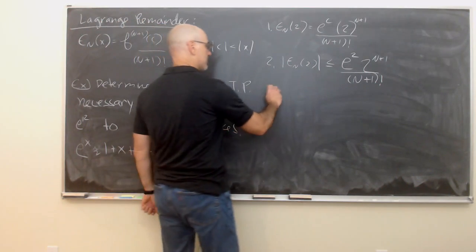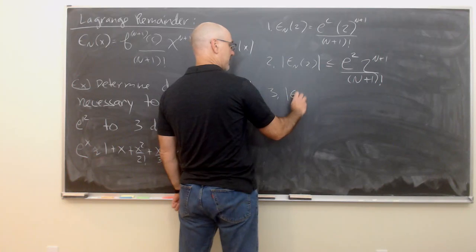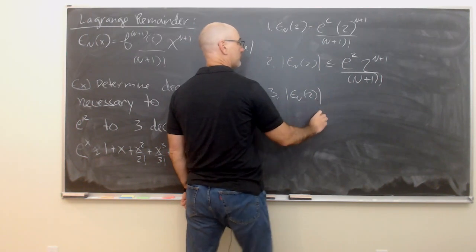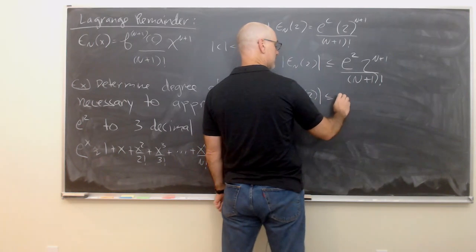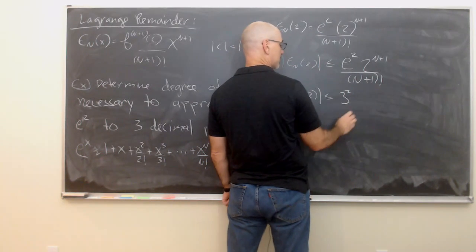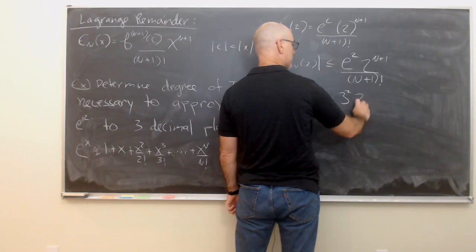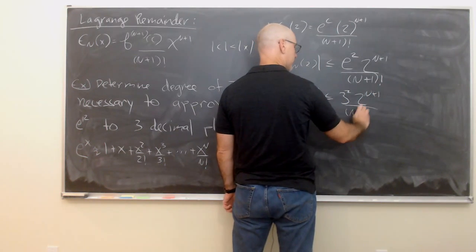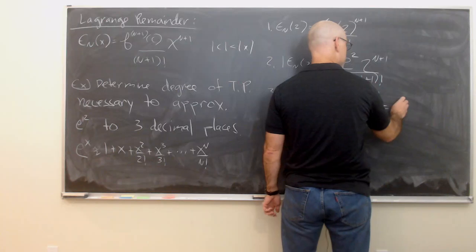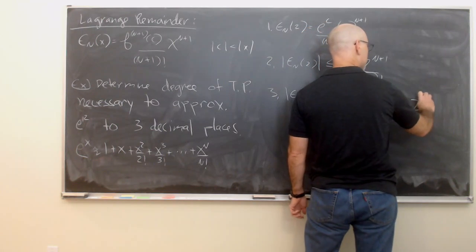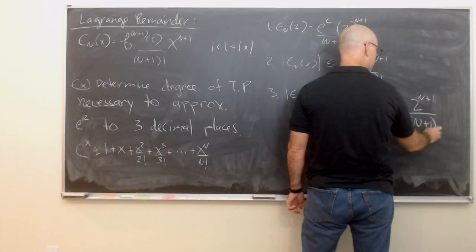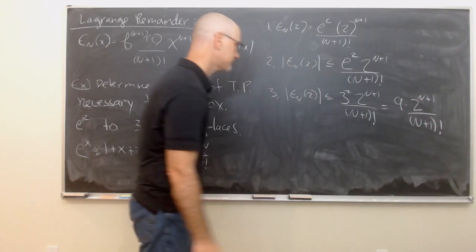So our third step is to get a bound on that e squared. So this is less than or equal to 3 squared times 2 to the n plus 1 over n plus 1 factorial. That's 9 times 2 to the n plus 1 over n plus 1 factorial.